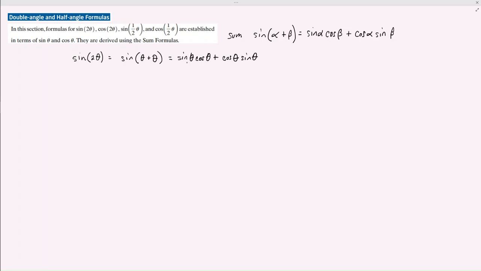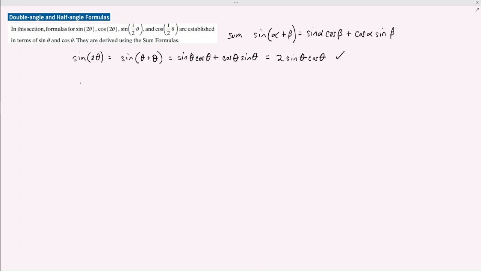Really these are the same two terms because we can commute the multiplication. So we can reduce this to 2 times sine theta cosine theta. So this is what happens to a double angle sine.